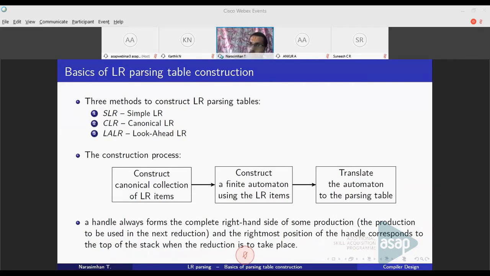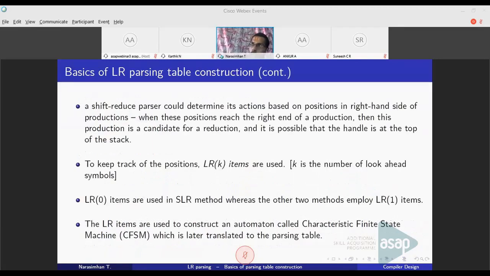So instead of peeping into the stack and checking whether the handle is at the top or not, you can look at the positions in the right hand side of productions, and if you reach the rightmost position of the right hand side of a production, that means there is a possibility that the handle could be at the top.